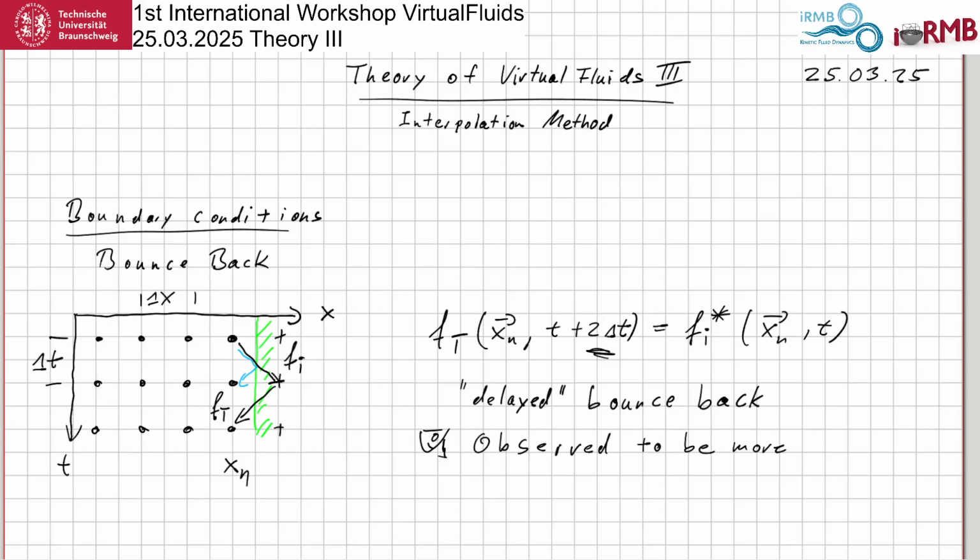There it's very important that you use the delayed boundary condition because the non-delayed is completely unstable and the delayed is completely stable. But this may be observed to be more stable than the non-delayed version, but this is kind of a little bit empirical.